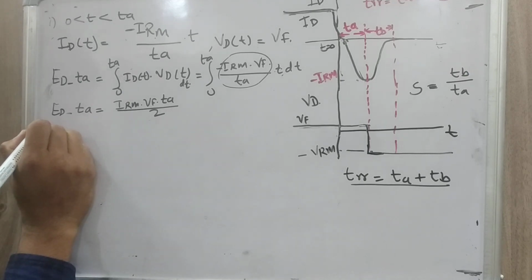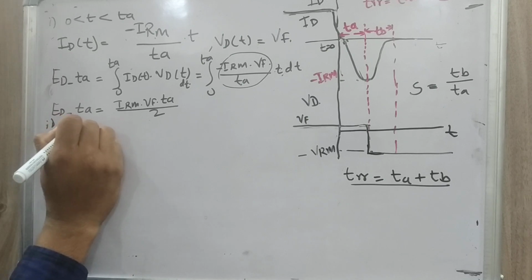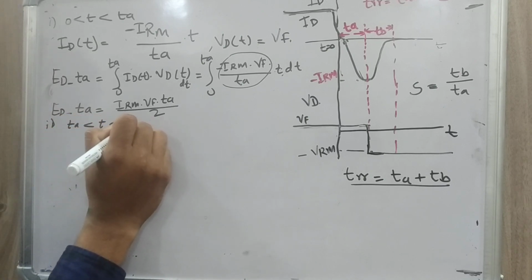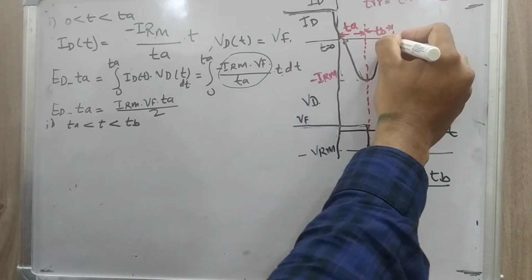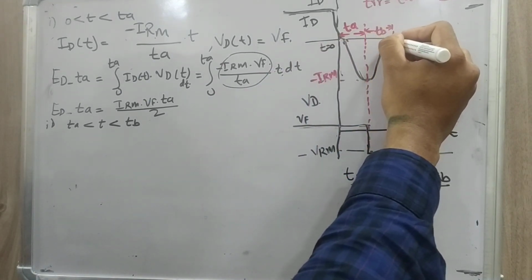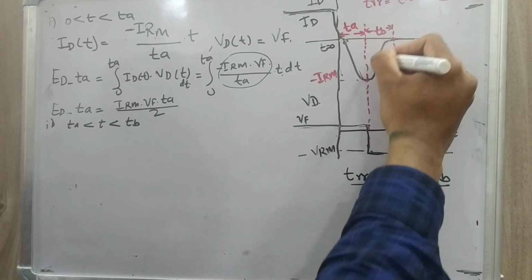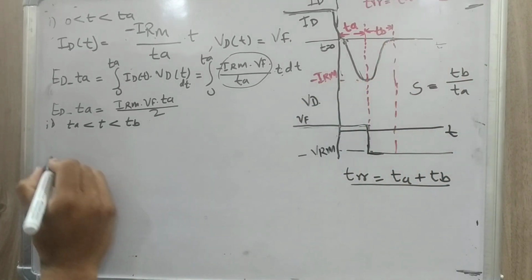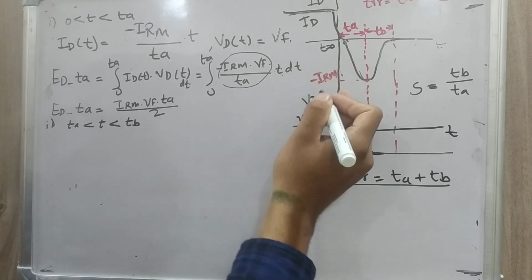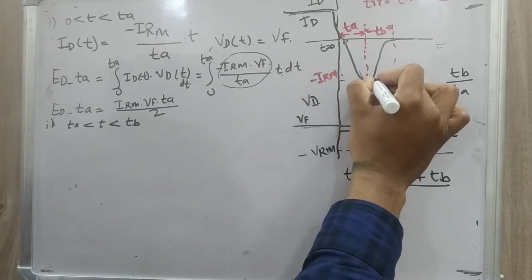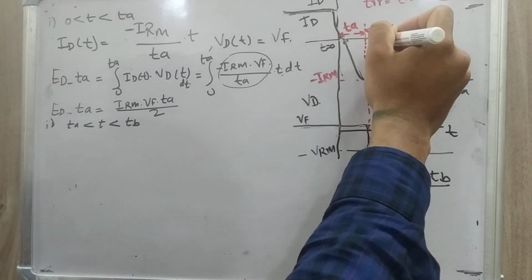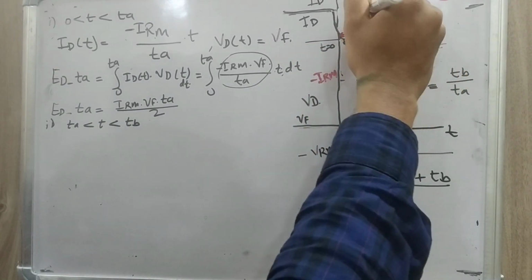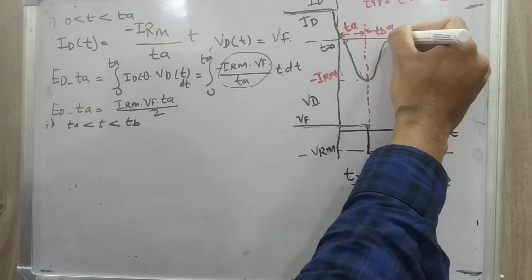So this is the equation for the energy lost in the diode during time TA. Now we will analyze the same for the time duration TA to TB. Again we can analyze this situation by considering a straight line which has a certain slope. It has a starting point at minus IRM, corresponding time is TA, and ending point is TA plus TB, or TRR, and 0 current.